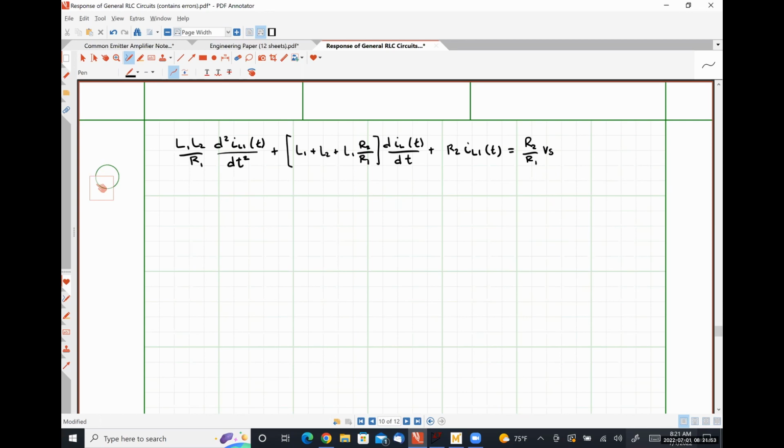that means we're going to have to divide through by L1, L2 over R1, which is the same as multiplying by R1 over L1 times L2. So from that, we're going to get the second derivative of IL1 plus R1 over L1, L2 times L1 plus L2 plus L1 times R2 over R1, our first derivative.